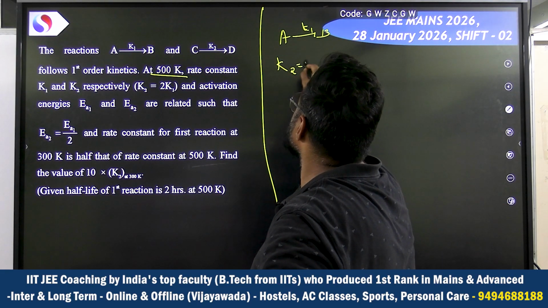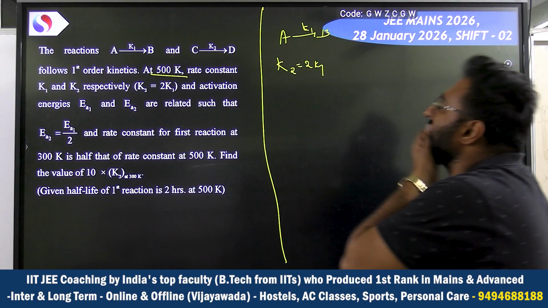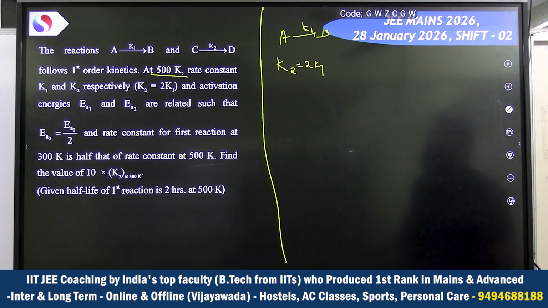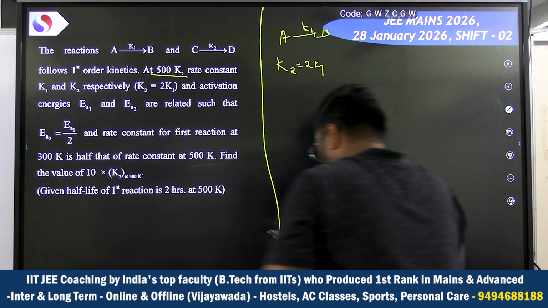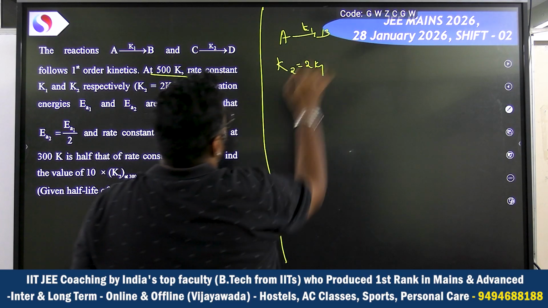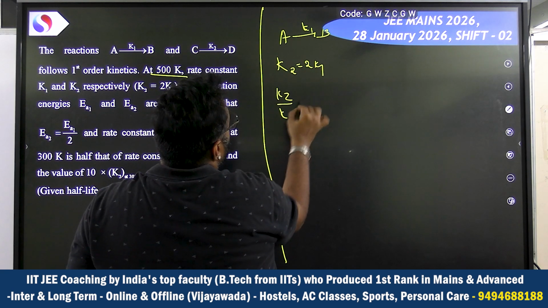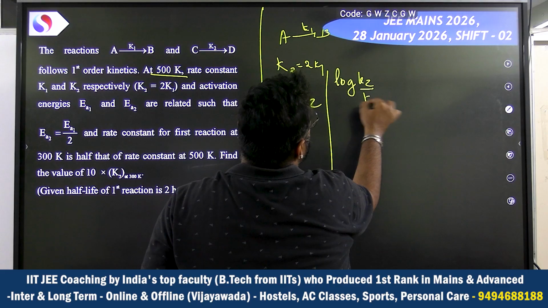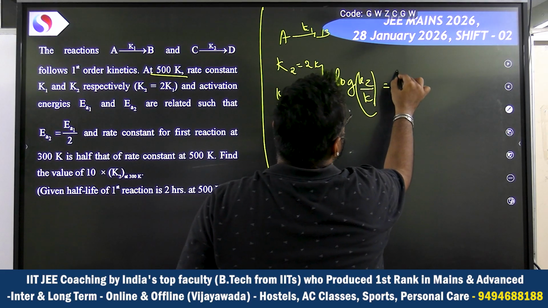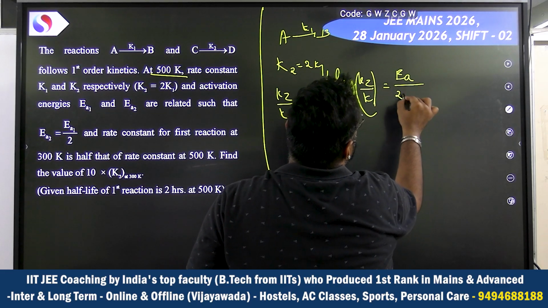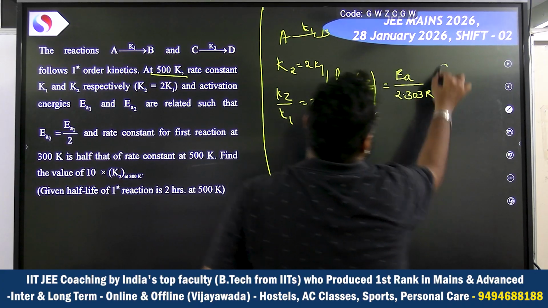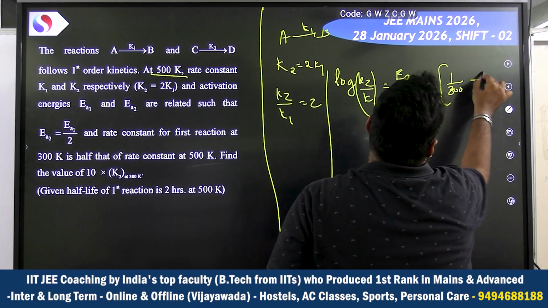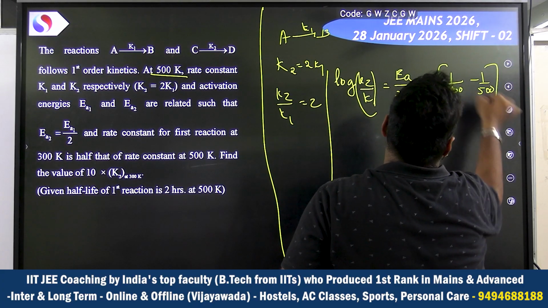So K2 is equal to 2K1. This is given at 500. So this calculation will be done at 500 Kelvin temperature. तो चलो, तो यहाँ पे क्या हो जाएगा? K2 by K1 is equal to 2. What is the formula? Log K2 by K1 is equal to EA by 2.303 R into 1 upon 300 minus 1 upon 500, correct?